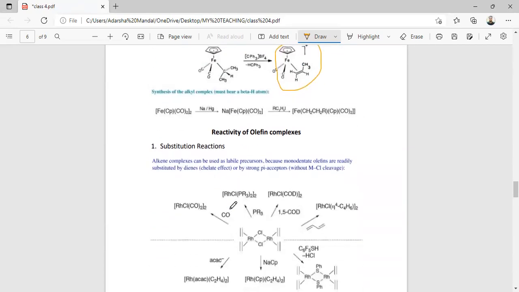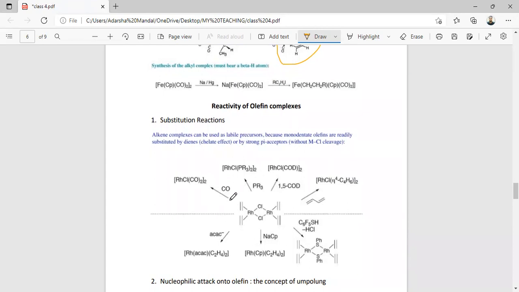So next we will consider the reactivity of the olefin complexes. Olefin complexes can undergo substitution reactions and nucleophilic attack onto the olefin. In the substitution reaction, the alkene complex can be used as a labile precursor because the monodentate olefins are readily substituted by dienes or strong pi acceptor ligands.